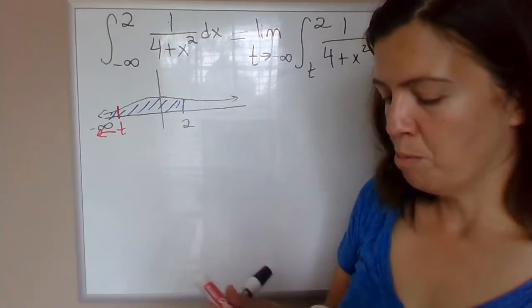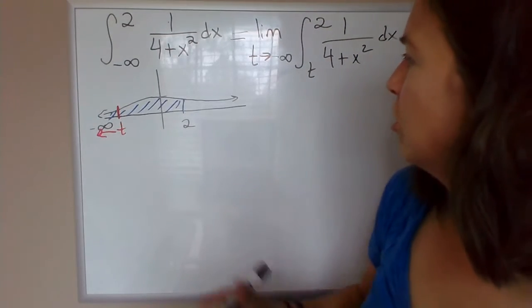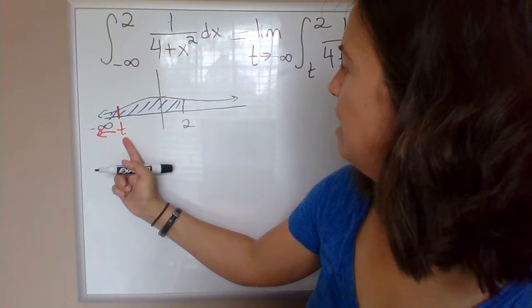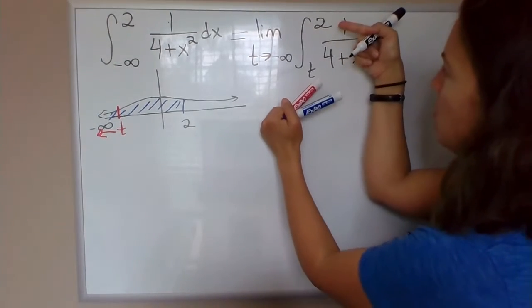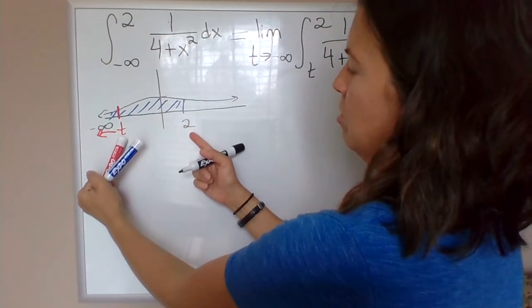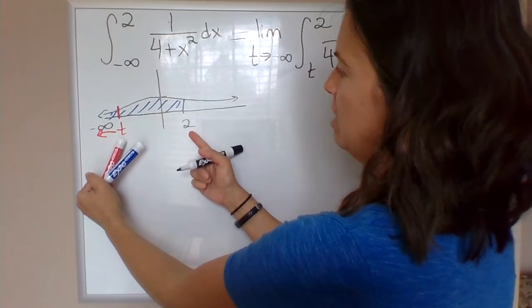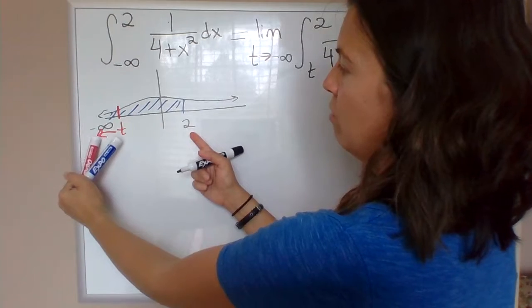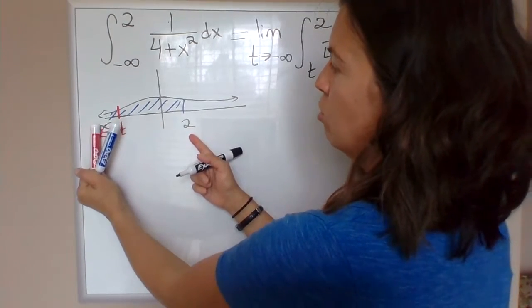And so then we can determine whether the integral converges or diverges. So we integrate from t to 2. When we put limits of integration here, we always want lowest to highest. So from t to 2 as t approaches negative infinity, as this boundary here slides out towards negative infinity.